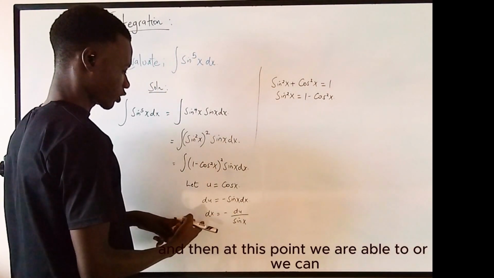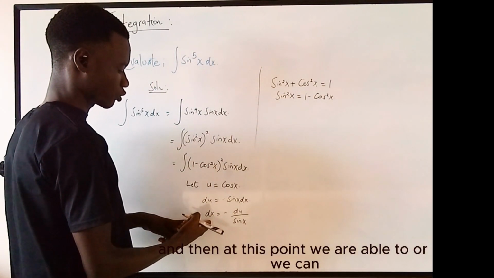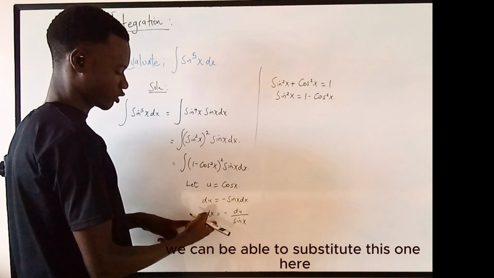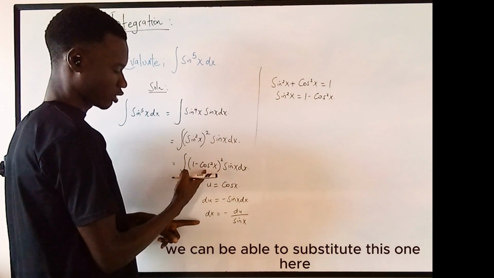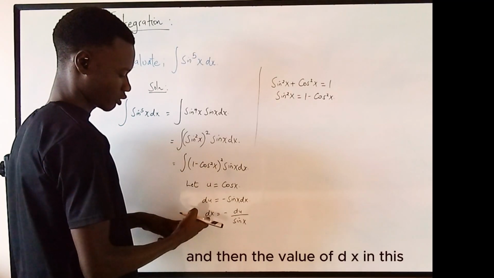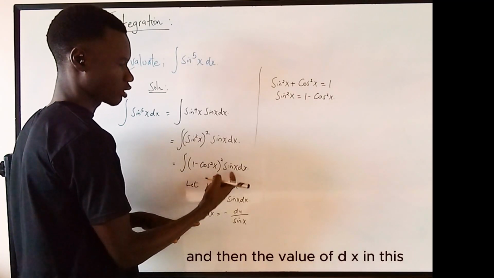And then at this point, we can substitute this one here, and the value of dx in this.